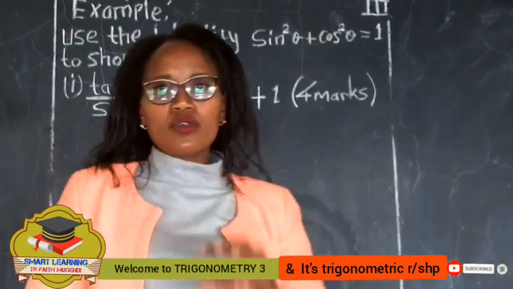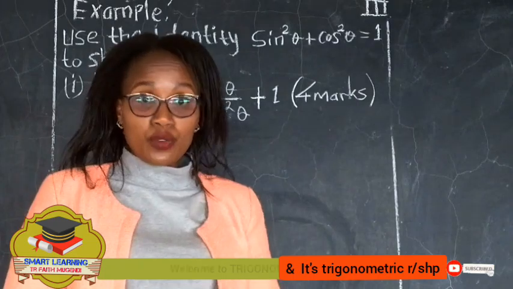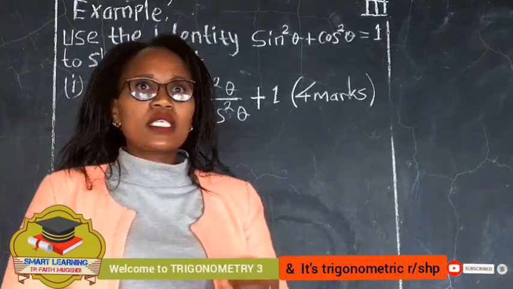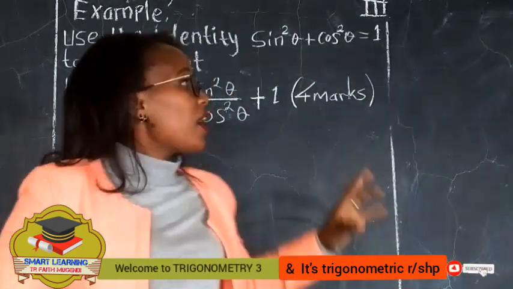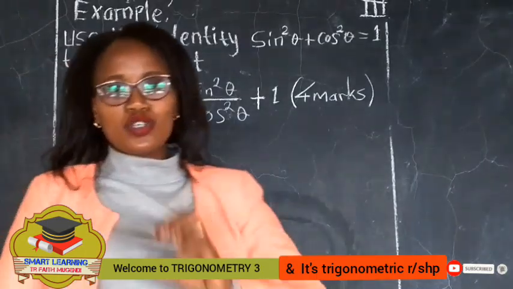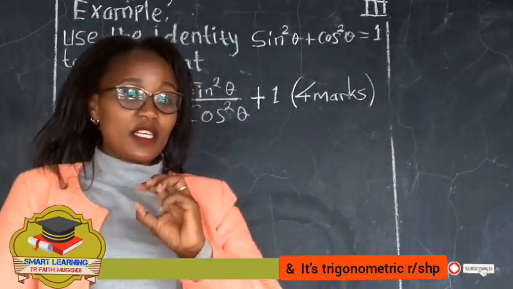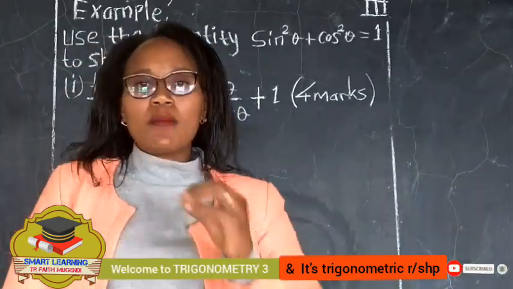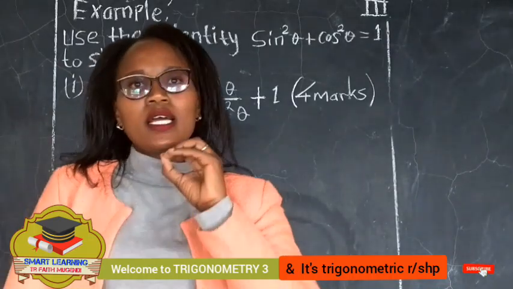I know that most of the course books usually use the unit circle to derive this relationship, but in this tutorial I'm going to use something very different and very simple. So I'm going to use the right angled triangle.